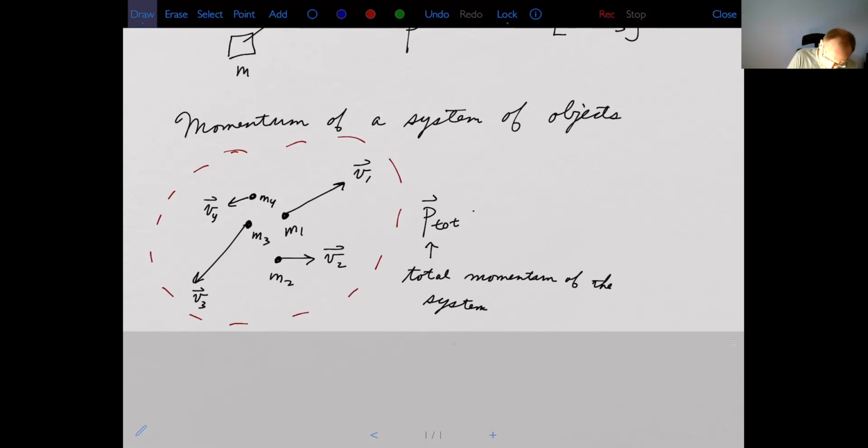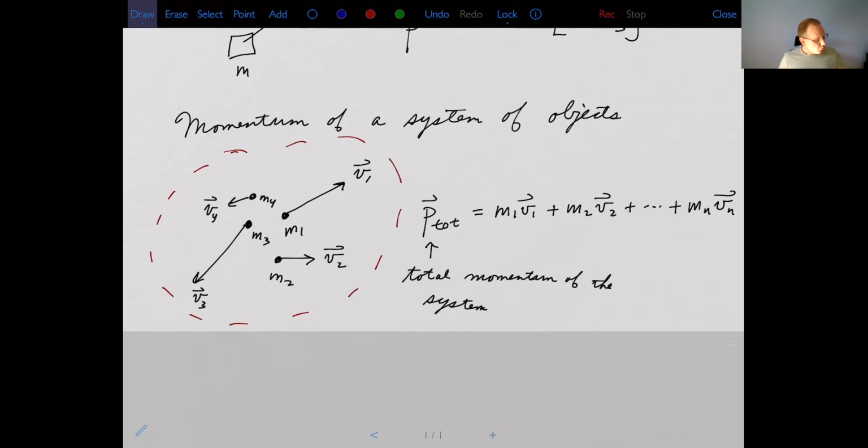So in general, this would be M1 times V1, the momentum of the first object, plus M2 times V2, plus M3 times V3, and so on, all the way up to the last one, which I'll call Mn times Vn. In this case, n is 4, right? There's 4 objects in our system. But in general, there could be n objects. It could be millions, actually. It could be any number of objects. So if we add up each individual momentum, that's going to be the total momentum of the system.